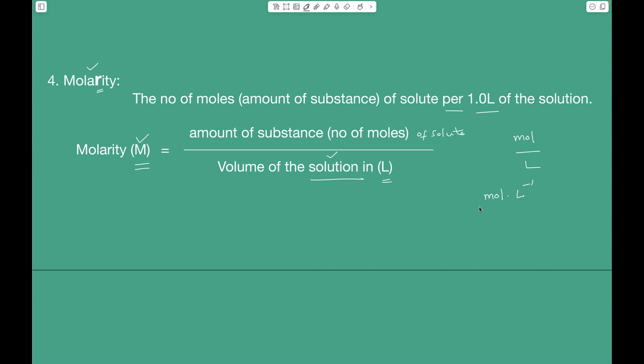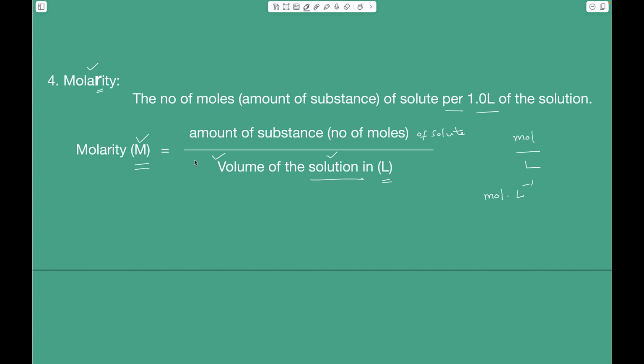And the interesting thing here is, though the amount of substance, that is the number of moles of solute, is independent of temperature, the volume of the solution depends on temperature. Therefore, the molarity of a solution changes with temperature. It is not the same at all temperatures and pressures for a given solution. Pay attention to this.